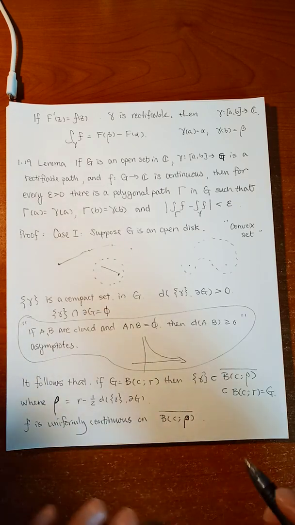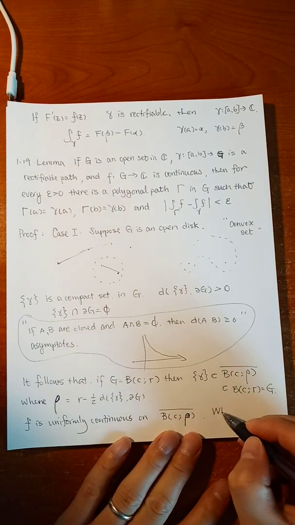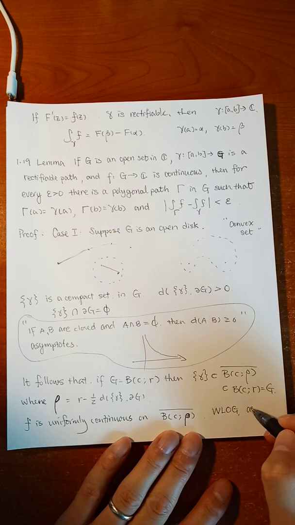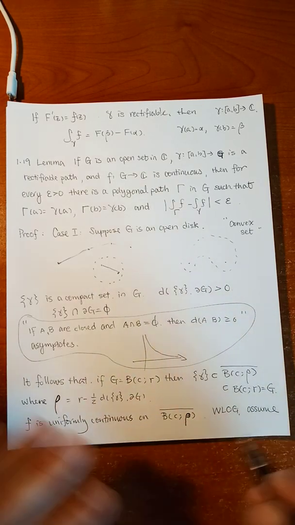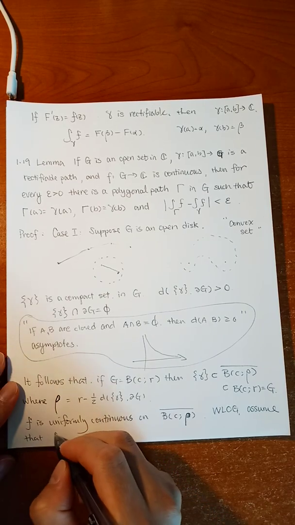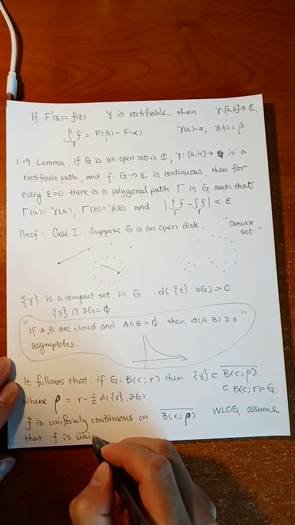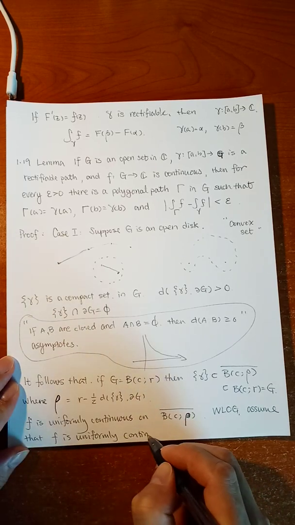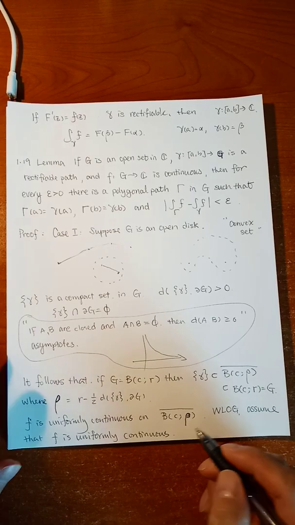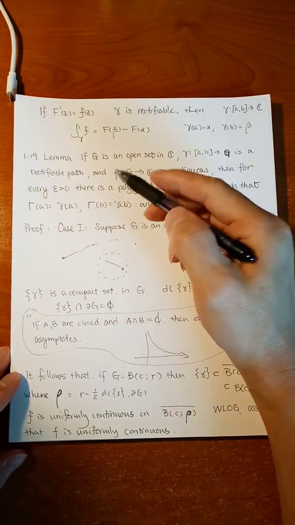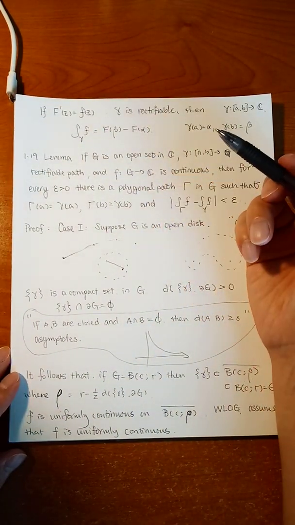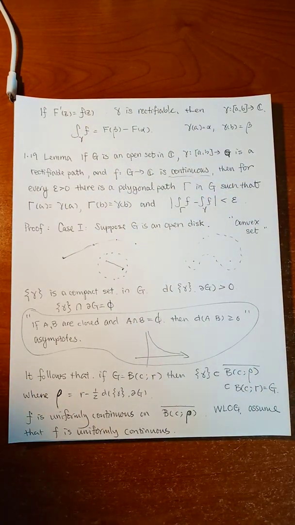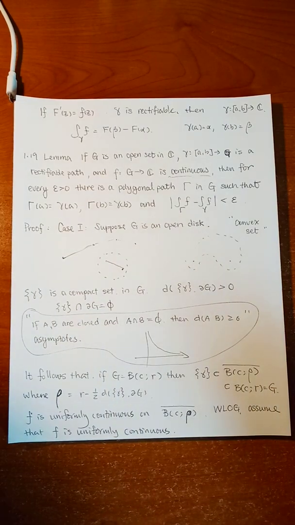So without loss of generality, we can assume that F is uniformly continuous. Right? So originally we only know F is continuous, but now let's assume F is uniformly continuous by shrinking the domain a little bit.